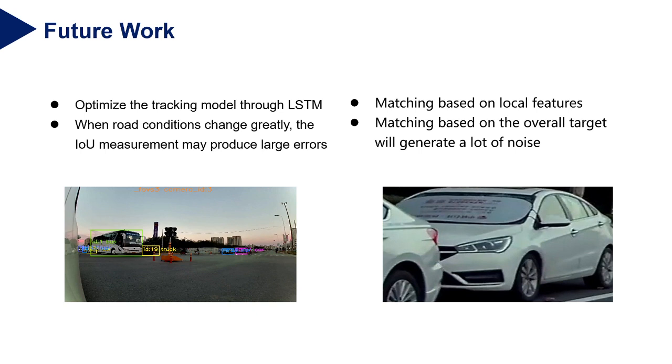The first one: during the training process, we found when the road condition is very complex, the IOU matrix may produce large errors specific to the training set. That is, when the car and the tracking target turn at the same time at the intersection, the motion model is not very good at this time, and the tracking may fail.